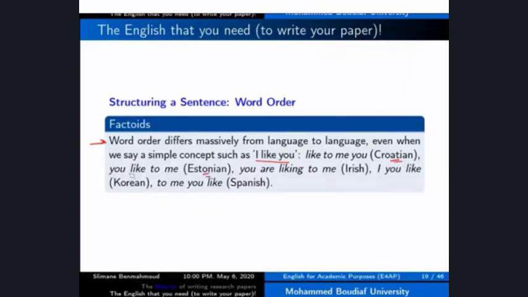In Estonian, it will be "you like to me." It will be in Irish, "you are liking to me," and it will be "I you like" in Korean, and in Spanish, it will be "to me you like you." That's just to show how important the word order is in a given sentence, and how it differs from one language to another.